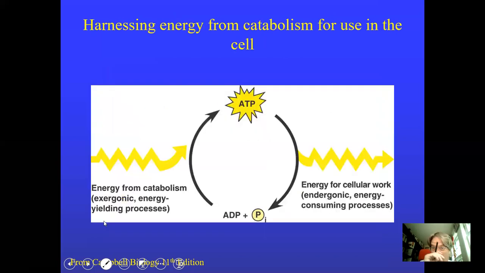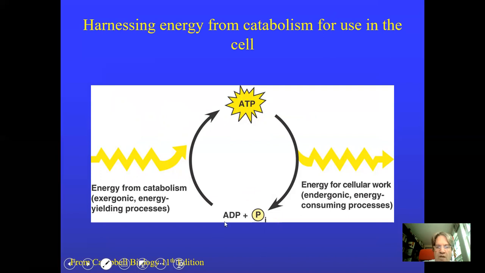Okay, so overall then, the cell is taking energy from catabolism, energy yielding processes, metabolism of glucose, for example, through cell respiration to make ATP. That ATP then is used to do work or anabolic reactions, right, to produce more complex molecules, for example, or for doing actual cellular work, moving things around or whatever it might be.